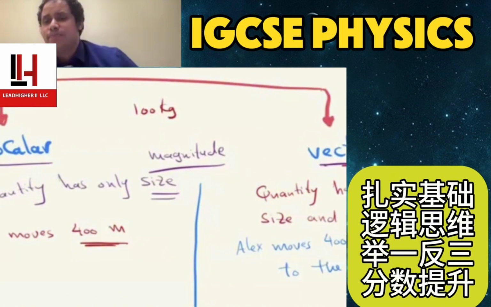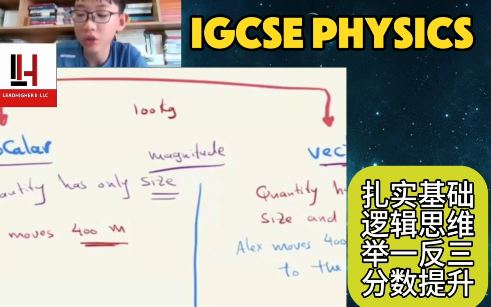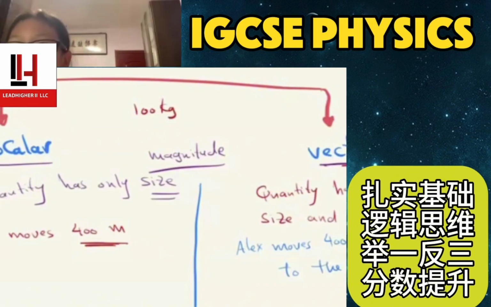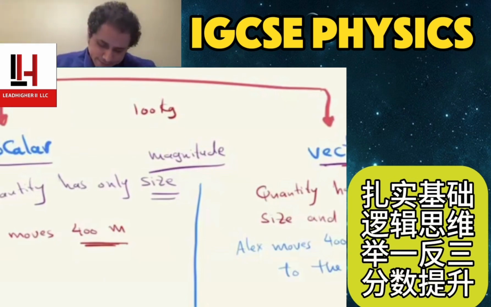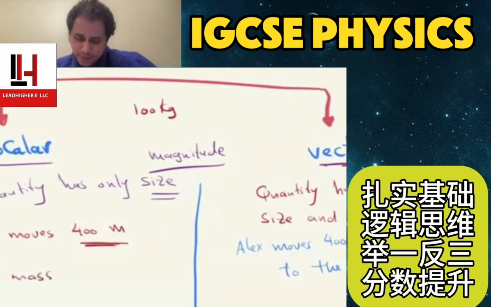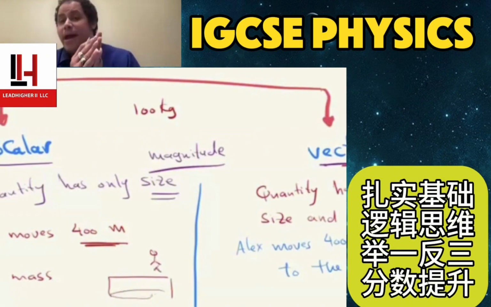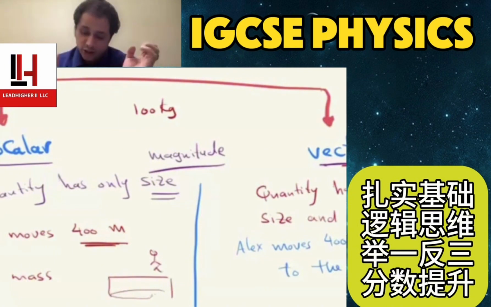Jackson, can you tell us mass in Chinese? 质量或者是重量。I think it's scalar. Perfect. Good job. Awesome. So mass is a scalar. Why, teacher? Because if you put your balance and you measure your mass here, whatever you go, you have the same mass. Mass doesn't change with direction.